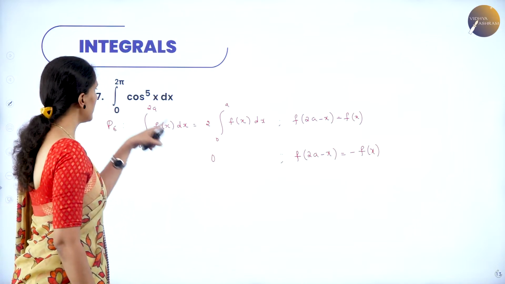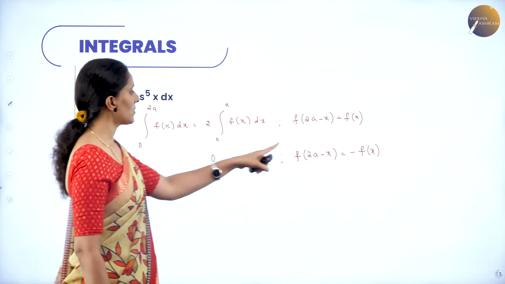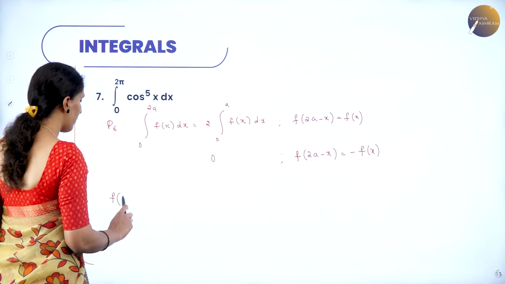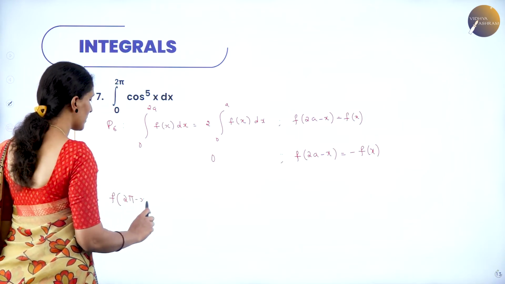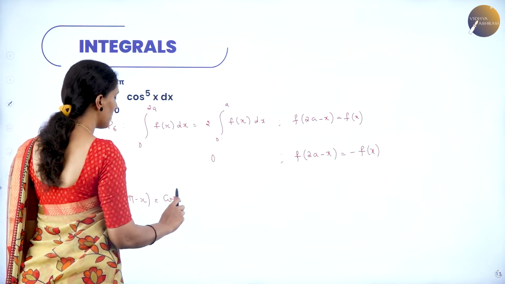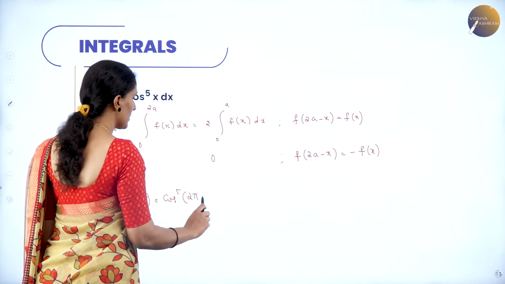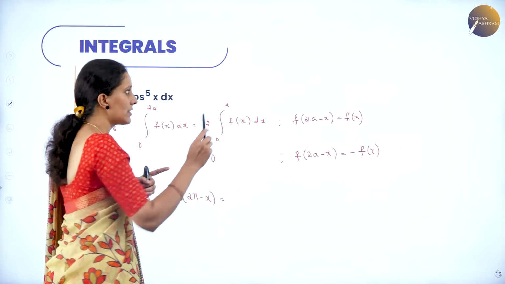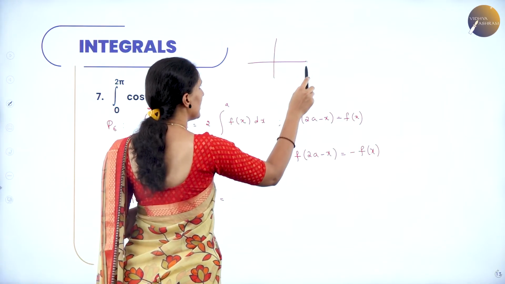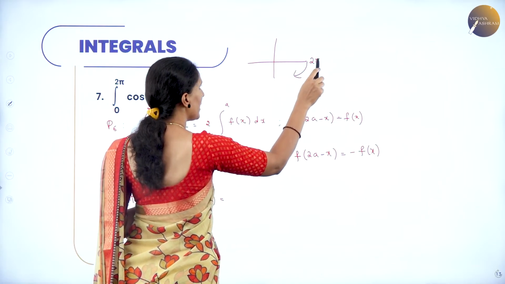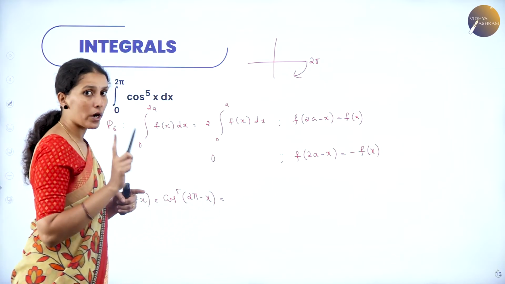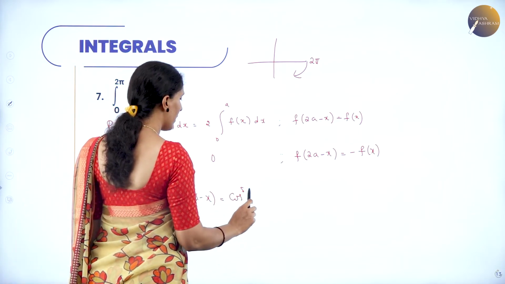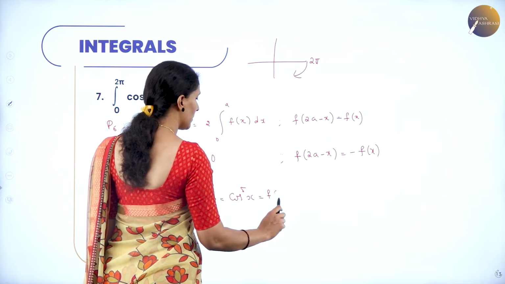So let me check this property here. In the place of 2a, I have 2 pi. So let me take f(2 pi - x). Then it becomes cos^5(2 pi - x). Cos(2 pi - x) obviously lies in the fourth quadrant because 2 pi is 360 degrees. In the fourth quadrant cos is positive. So therefore it is cos^5 x, which is f(x) only.